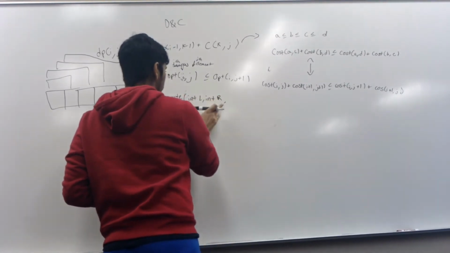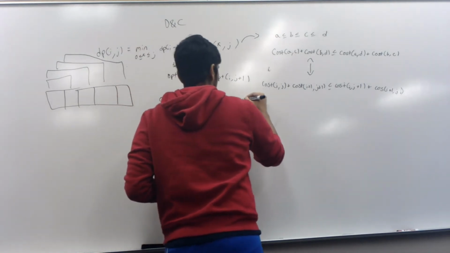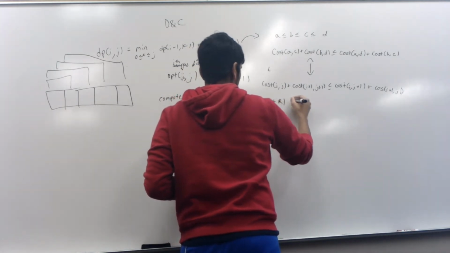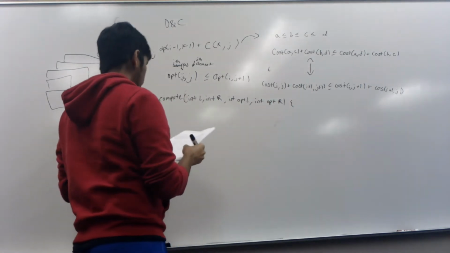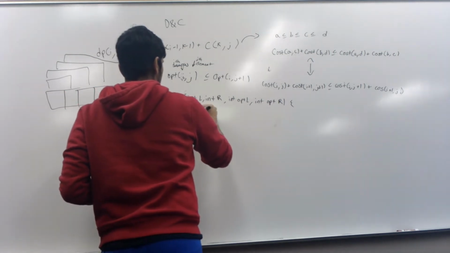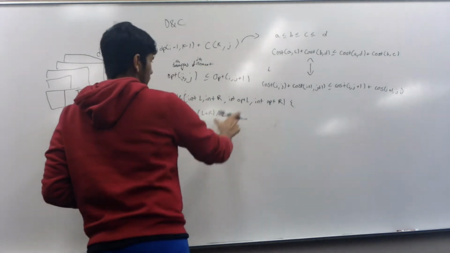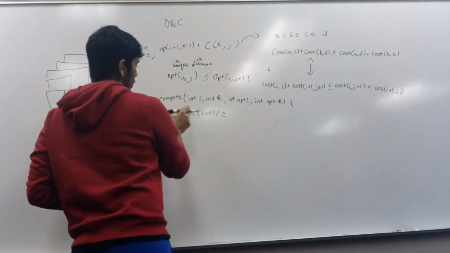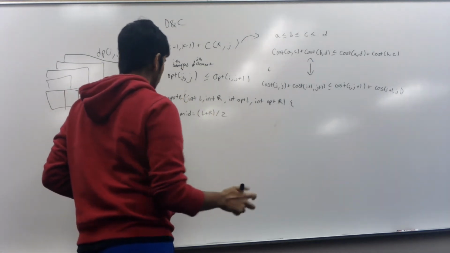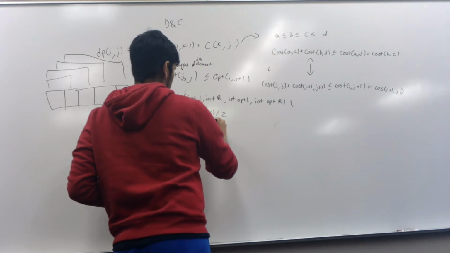This stores the subarray we're looking at, and we have int opt L, int opt right. What we do is first compute the mid, which is equal to L plus R divided by 2. This is the current index we're looking at, and this is the current index we want to find the optimal transition to. So we can loop from opt L to opt R.